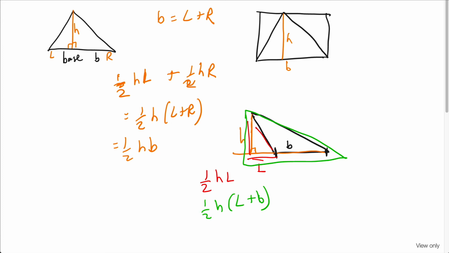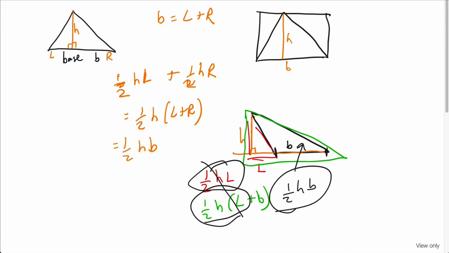Cool. And the triangle that we care about is going to be the difference. So this green triangle is the area of the red triangle plus the black triangle. So if we subtract out the red area here, then we're left with 1/2 HB, and that's the area of that black triangle. So it's a very similar argument, but there you have it.